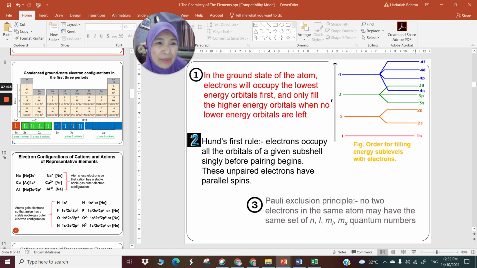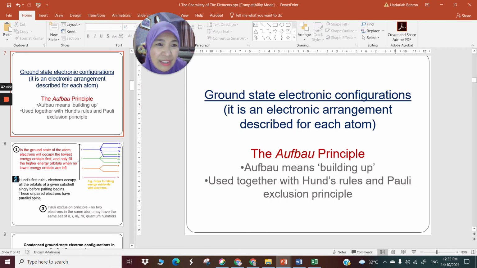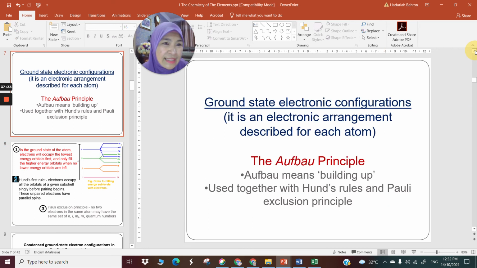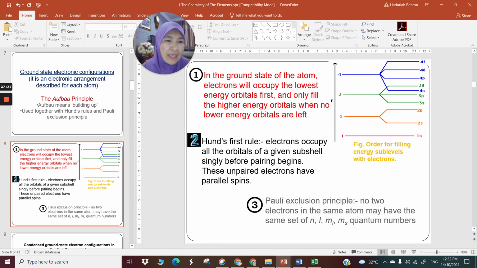And then electron number 21 will start to fill in the 3d, because this is the energy level that we are talking about. After 3p is complete, you start filling in 4s. After 4s is complete, you start filling in 3d.